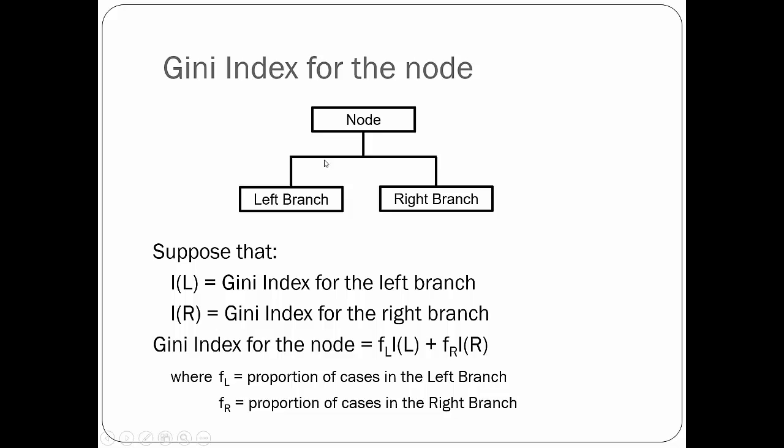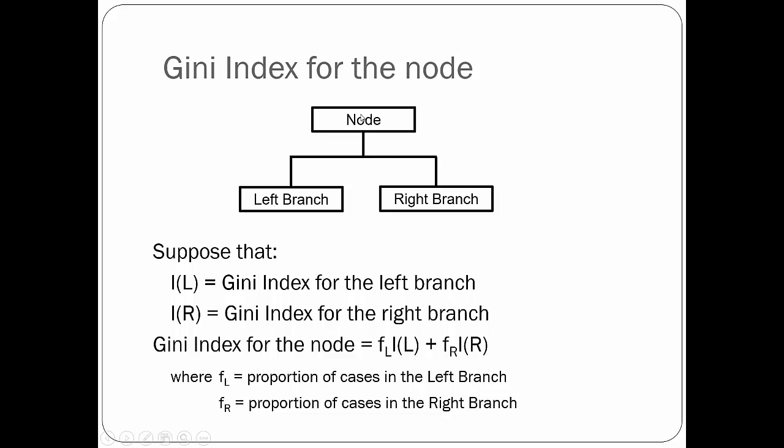If you have computed I sub L for the left branch and I sub R for the right branch, then you find a weighted average of those 2. You weight by the proportion of observations: you have a certain number of observations that has been split into 2 sets. What is the proportion that goes to the left side, and what is the proportion that goes to the right side?